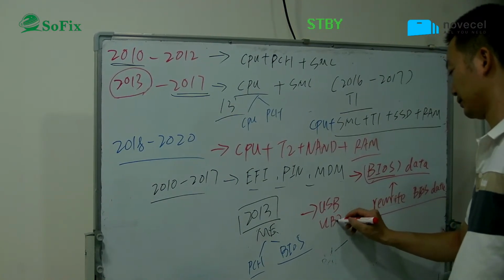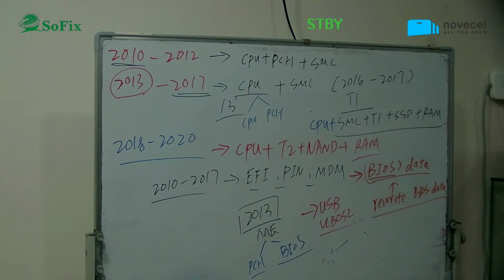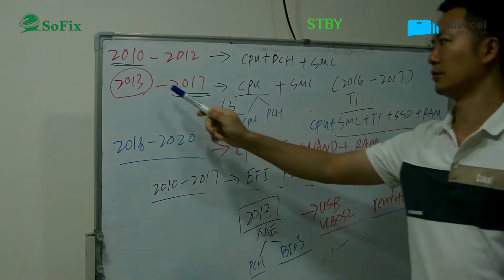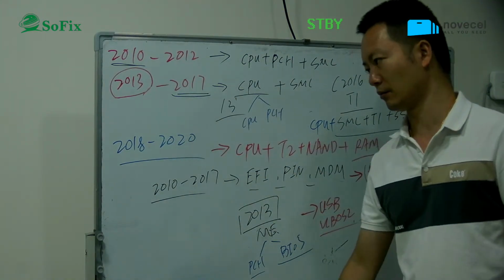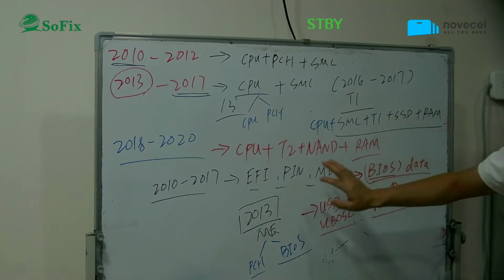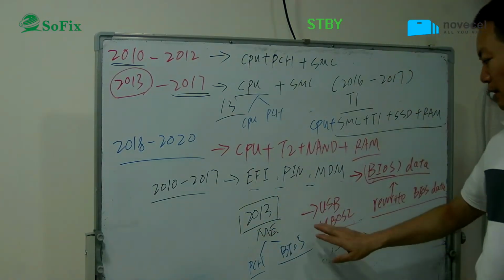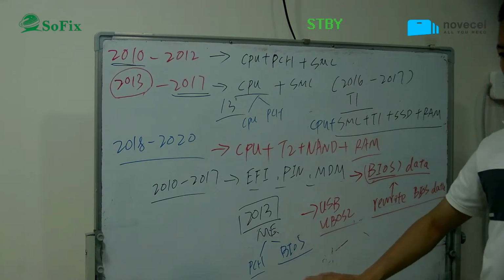Is it only for 2013, or for all models after 2013? Yes. From 2010 to 2012, you can remove the BIOS chip from the same module. But from 2013 the ME is different, so you must change the ME.